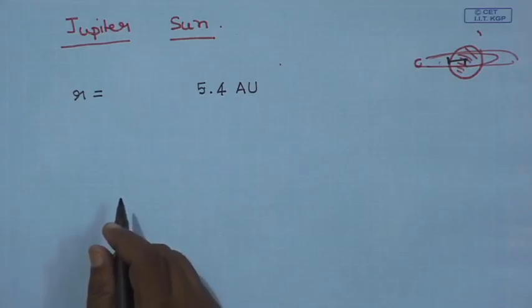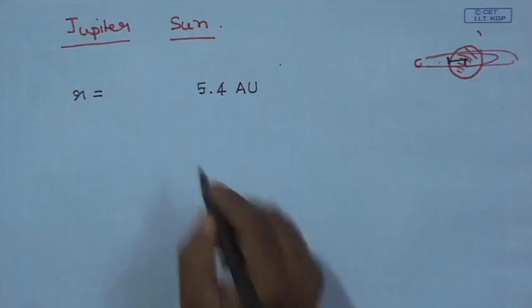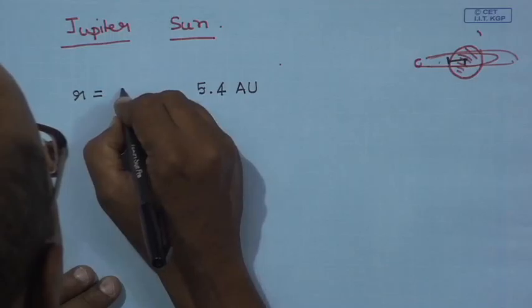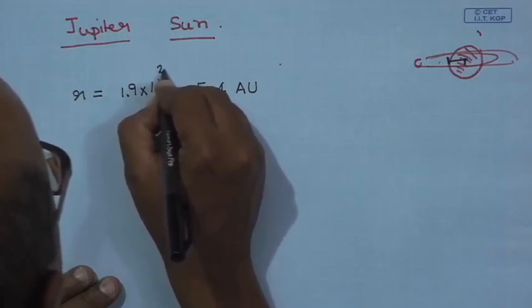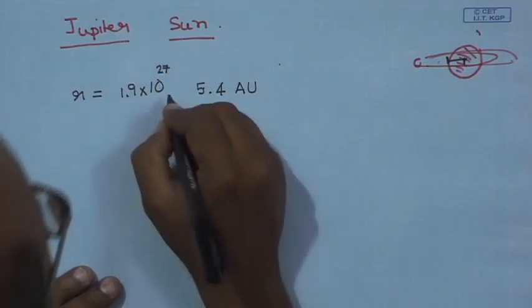The mass of Jupiter is 1.9 into 10 to the power 27 kg.